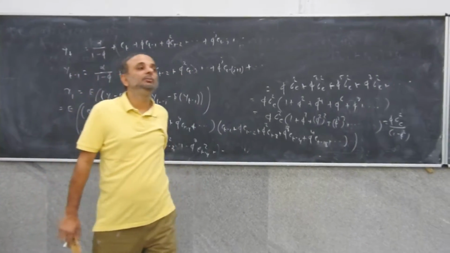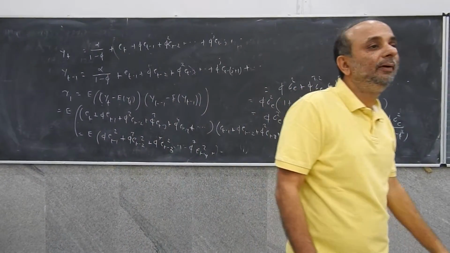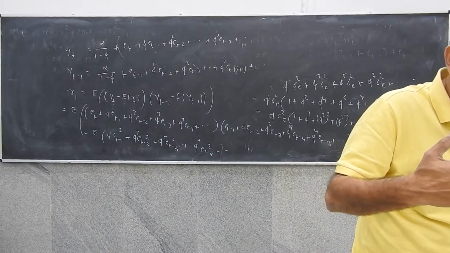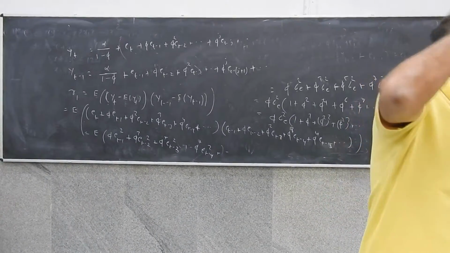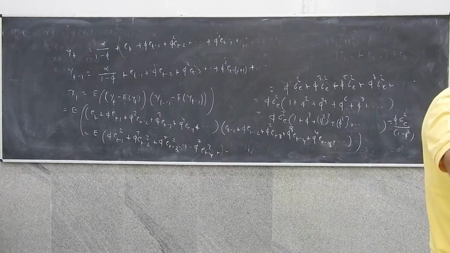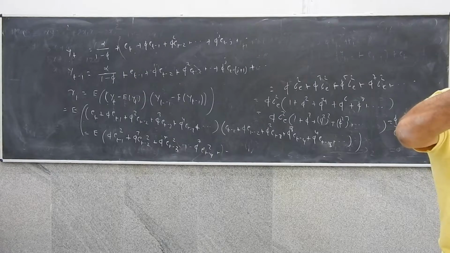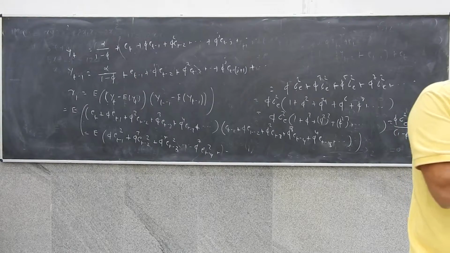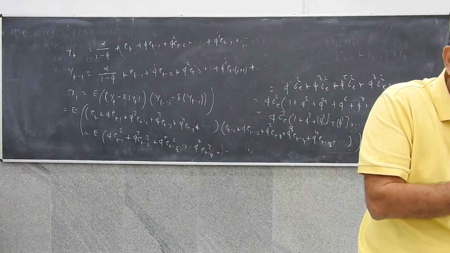How do you get the correlation between x and y? You divide the covariance of x and y by the standard deviation of x and the standard deviation of y. So to get the correlation between yt and yt minus 1, you divide the covariance of yt and yt minus 1 by the standard deviation of yt and the standard deviation of yt minus 1.